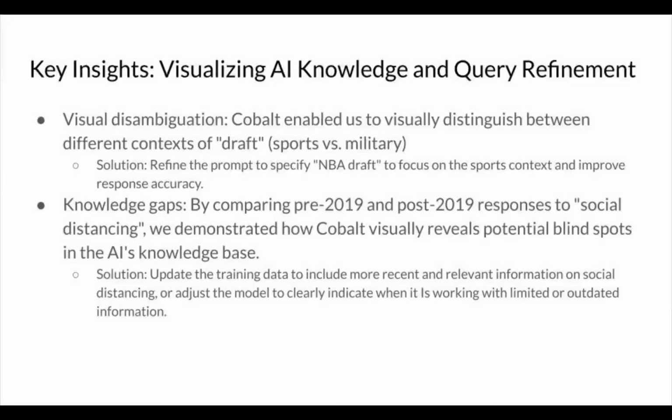This capability helps identify potential blind spots in the AI's knowledge base, ultimately leading to improved model performance by ensuring we're using the most relevant data. These demonstrations highlight how Cobalt's unique approach to visualizing AI knowledge can significantly streamline the prompt engineering process, potentially reducing the number of development cycles needed to achieve optimal results.